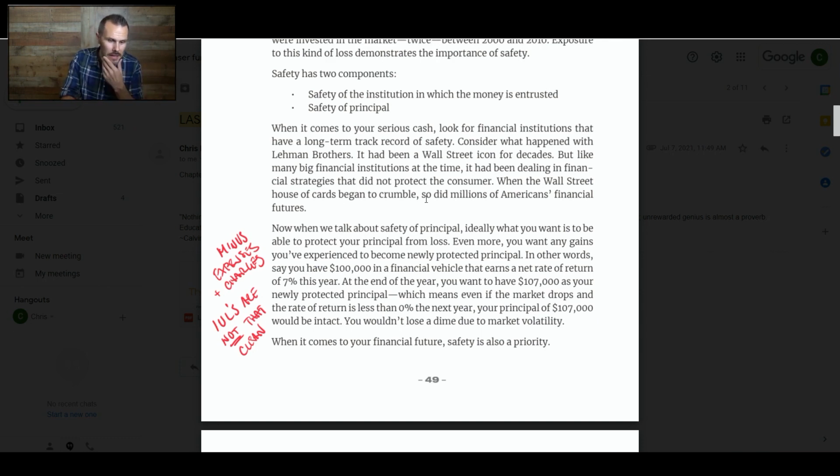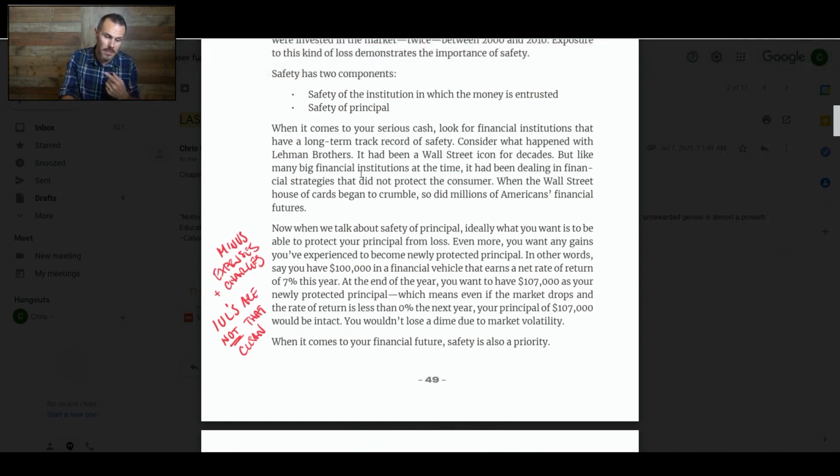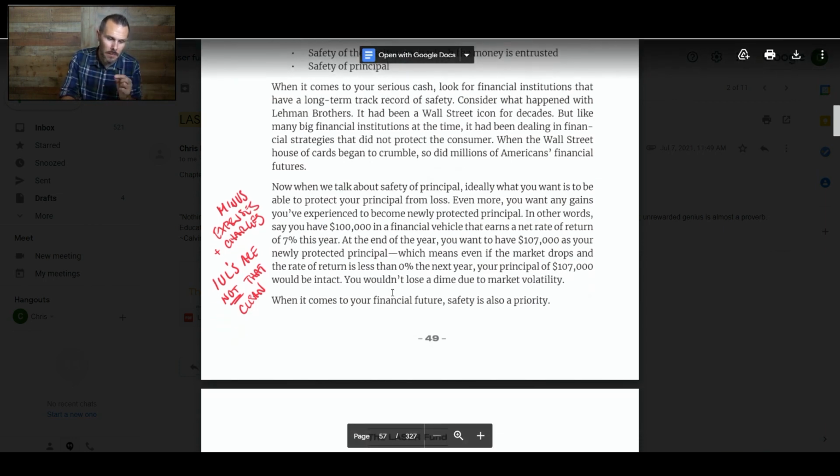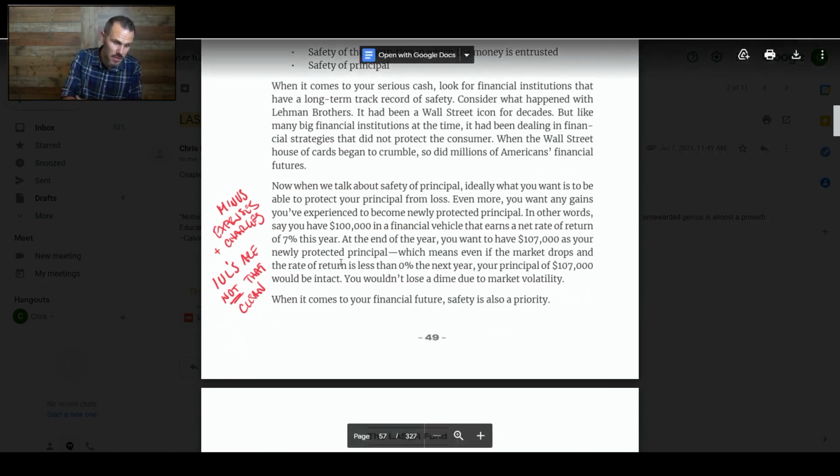But the problem is it's not as safe as it could be, and the principal is not actually as protected as you would think it would be, because there are internal charges in these policies, and that'll make sense as I go through this book. I'm not going to get into that because I'll get off track here. But as you go through this book, he's going to get into more of those topics, and I'll address them as he does, because I'm sure he's going to go there.